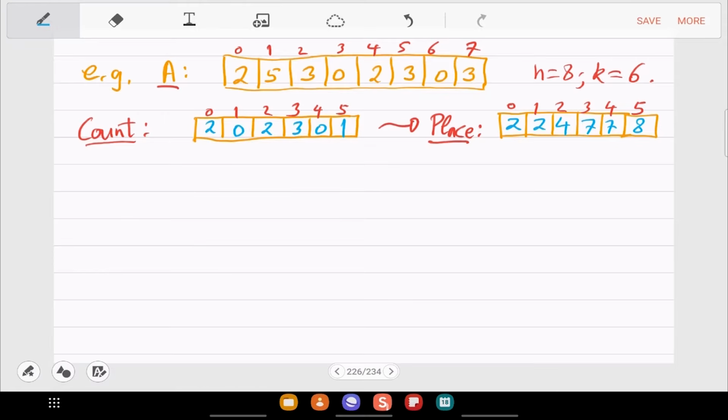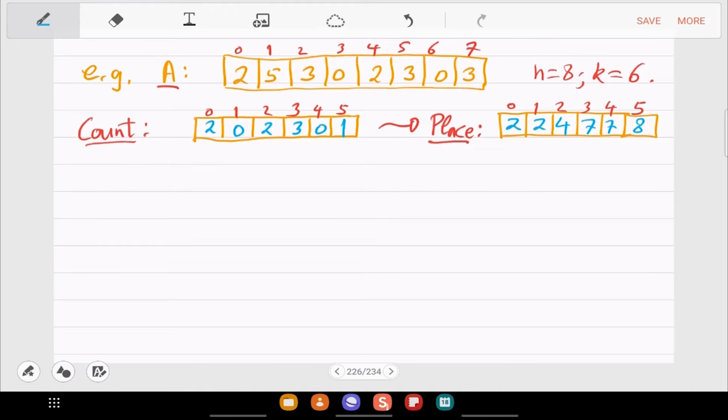Now this place array will help you give the output. The first entry is 2, so you write 0 2 times. Then at location 1 you have 2, which is the same as 0, so you don't have to do anything. You don't output anything. Then at location 2, which means that 2 has to appear till position 4. So you will get 0 0 2 2.